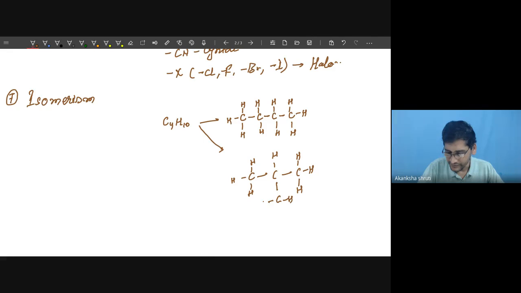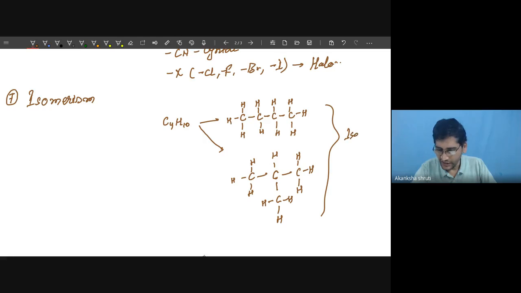It is like this. Here you are observing both have the same molecular formula, but their structures are different. So they have slightly different characteristics. Not entirely different, but a slight difference in their physical properties. So these 2 are called the isomers of each other.